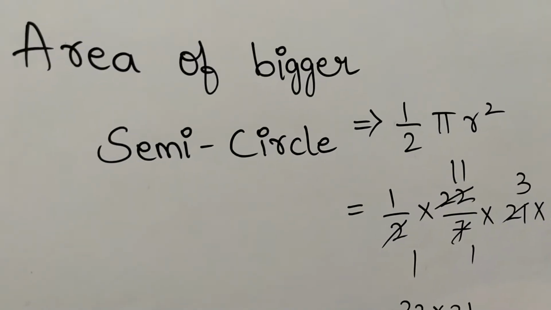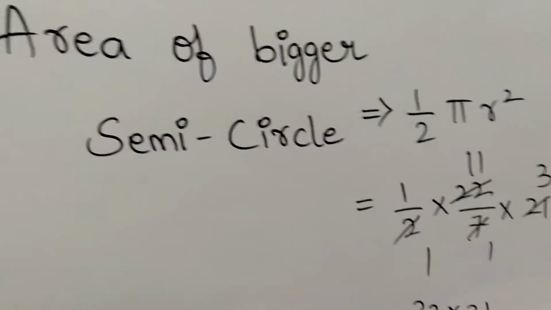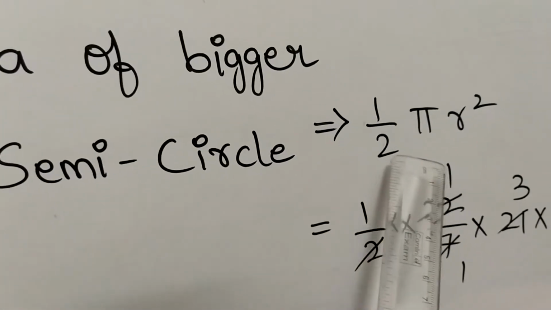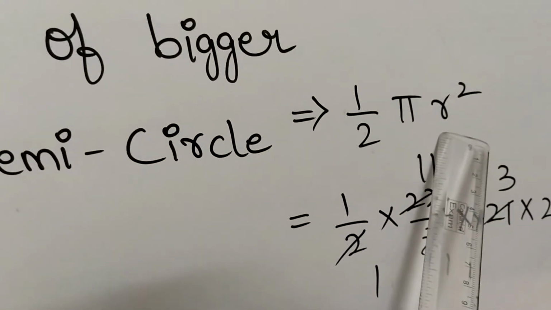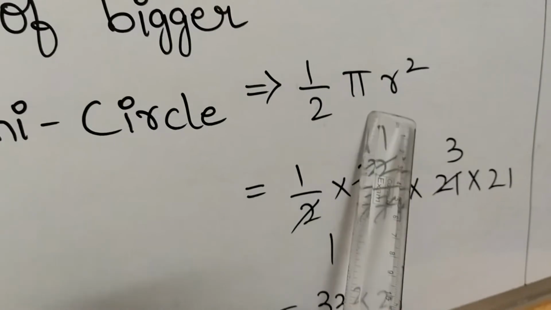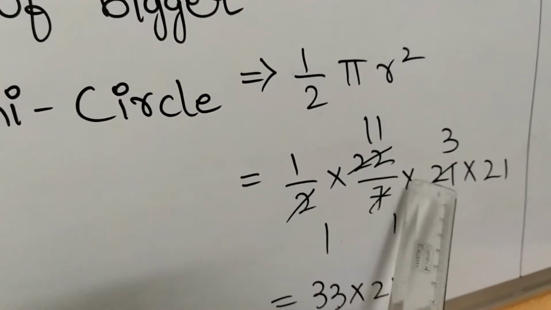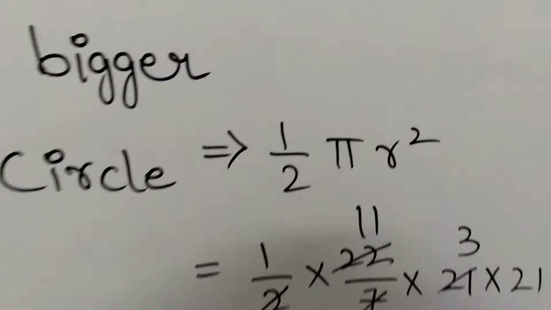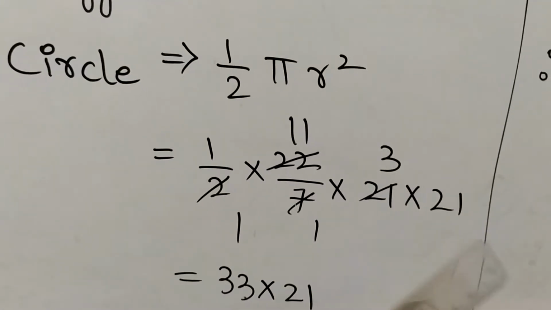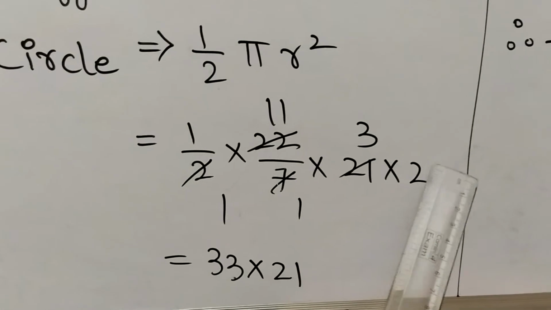Now let us find the area of the bigger semicircle, students. What is the formula for the area of a semicircle? We have already discussed this: it is half pi r square. So we take 1 by 2 into pi, which is 22 by 7, into r square, that is 21 into 21.